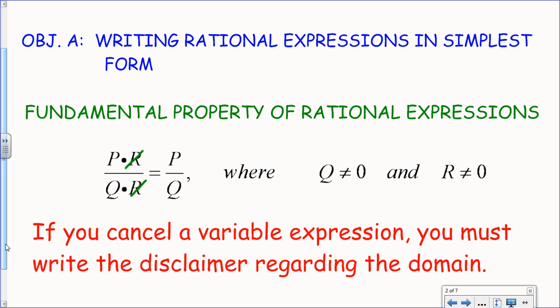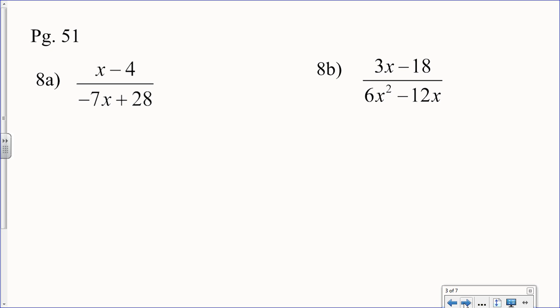Okay, so when we look at these problems, the first thing I want to do is factor the numerator and denominator if possible. I have to note that expressions in the numerator and denominator have these invisible parentheses around them.